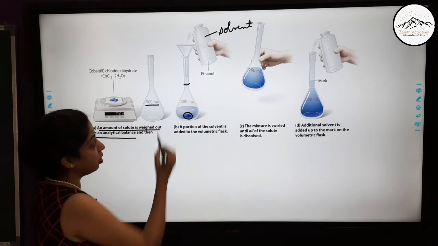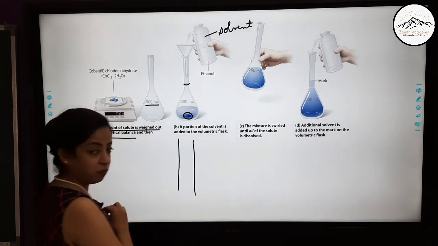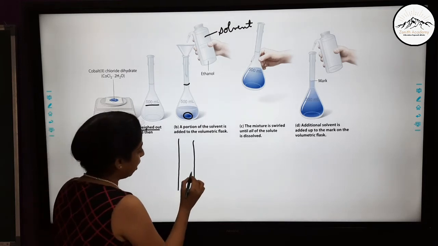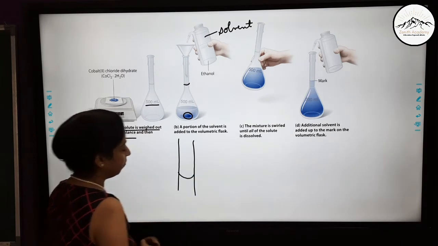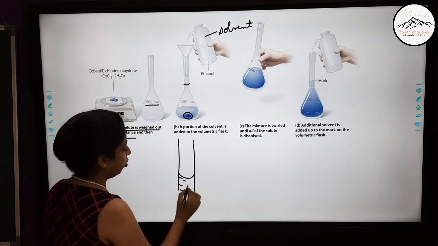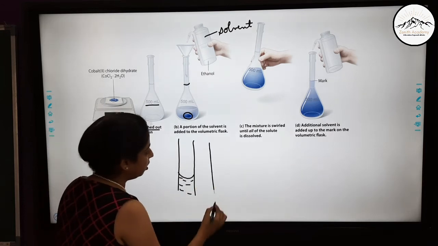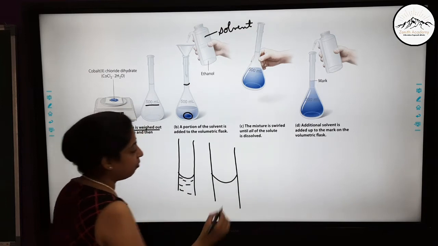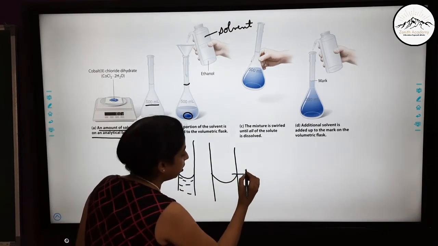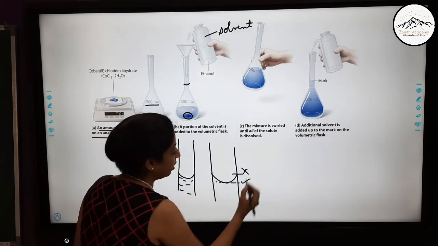Now here you have to be sure. If this is the neck of the measuring flask, and this is your liquid, your solution, you have to make sure that we take the reading not here, this is wrong, we have to take the reading from the lower meniscus.